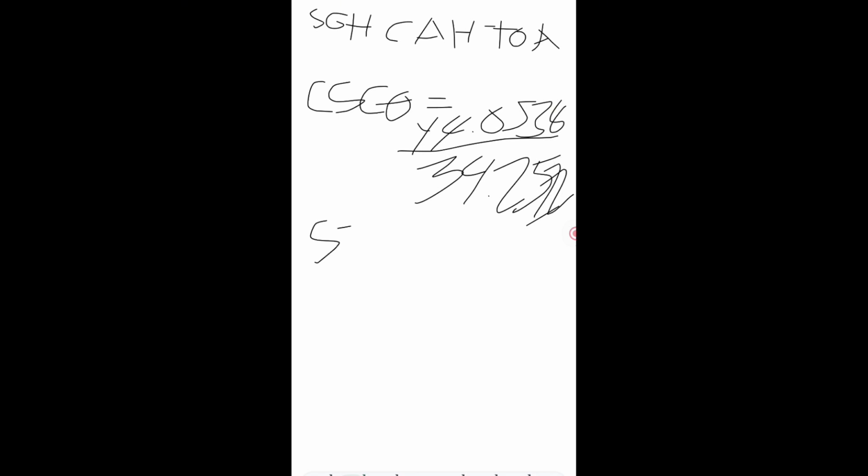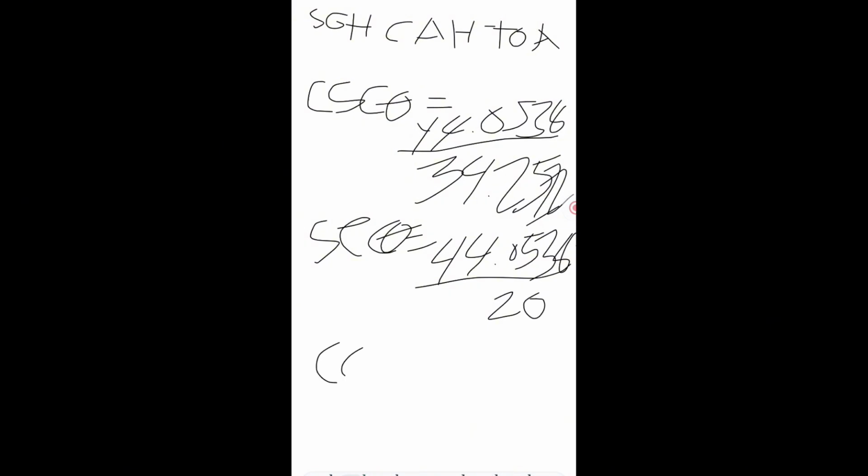Next, our secant. Our cosine is adjacent over hypotenuse. This time it will be hypotenuse over adjacent, so that will be 44.0538 over our adjacent, 20.